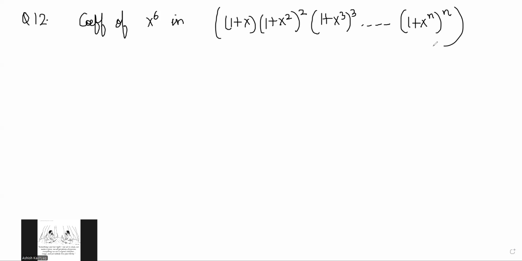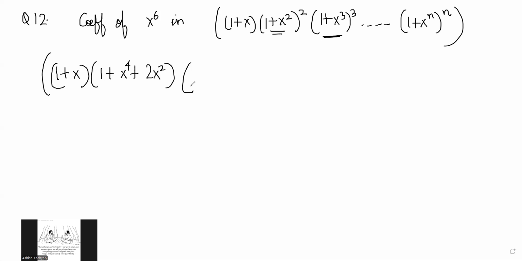So we have 1 + x here, and this will give us terms which are like this: 1 + x⁴ + 2x². And this will give us terms like this: 1 + 3C1, it is power 3, so 3x³, 3C2, so 3x⁶, plus x⁹, right?